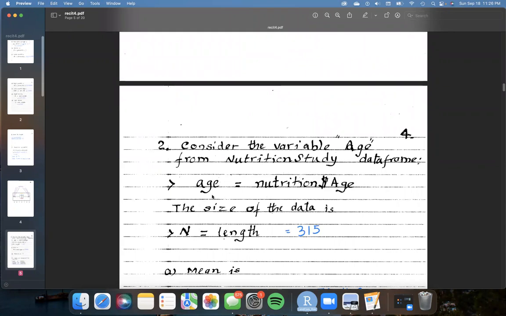To set it up in R, we name our object age and have that equal to nutrition$age, which is the age column of our data set. Then we want to find the size of the data, so we want to find the length of that column.